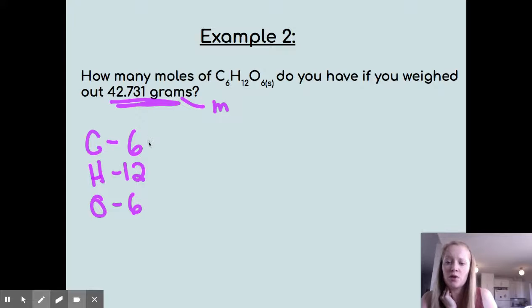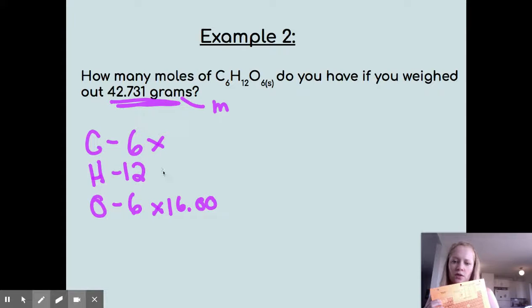Now I find my molar mass on my periodic table. Okay. I find it in the top left-hand corner. So like oxygen is 16.00. Need to include your decimals. Hydrogen is 1.01, and carbon should be 12.01. Okay.